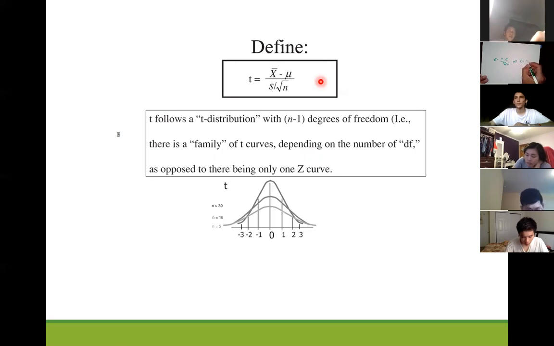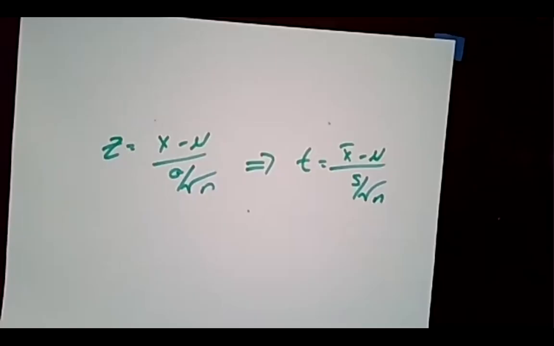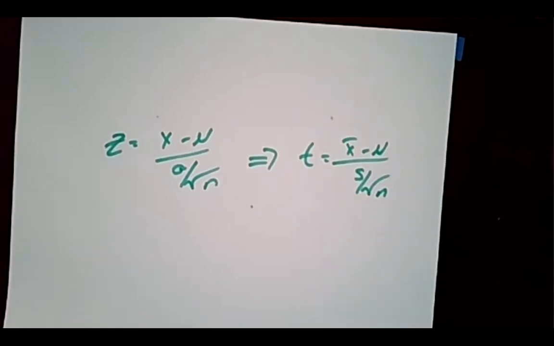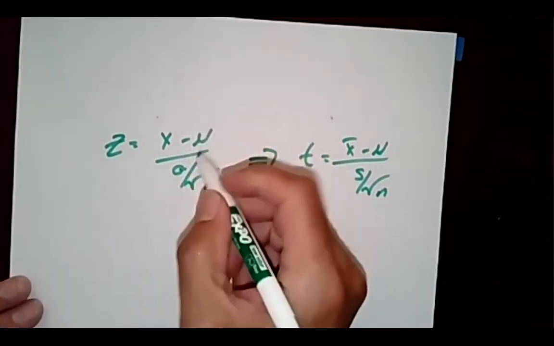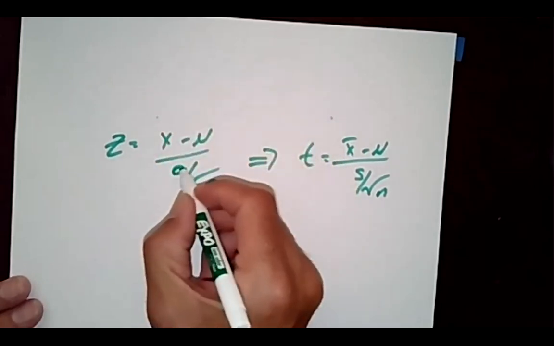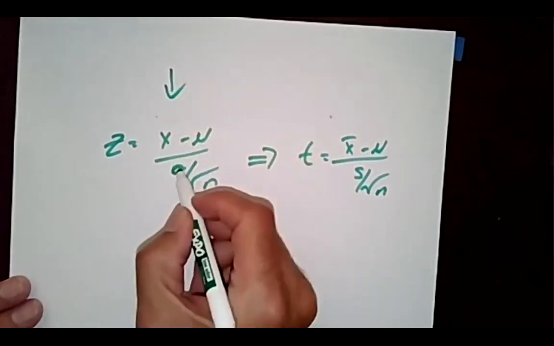I'm about to show you my document camera. So with sigma known, we use this formula.